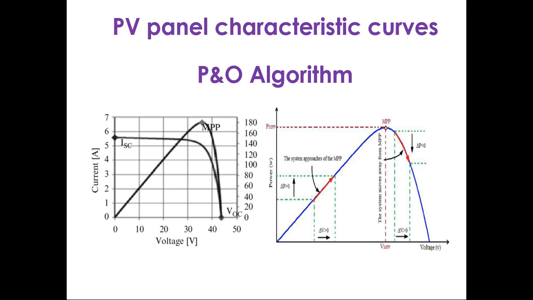As far as perturbation size is concerned, if my perturbation size is larger, then my output voltage also changes considerably. So the equation might be the reference voltage equals reference at K minus 1, that is the past iteration, plus or minus C, where C is the perturbation size.